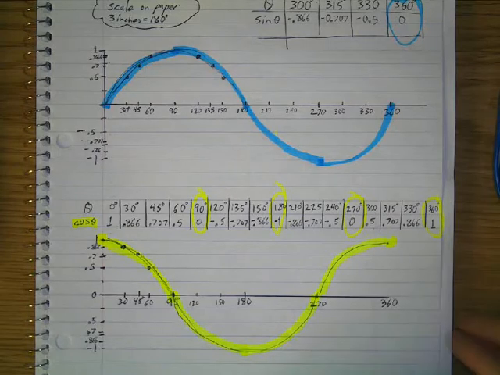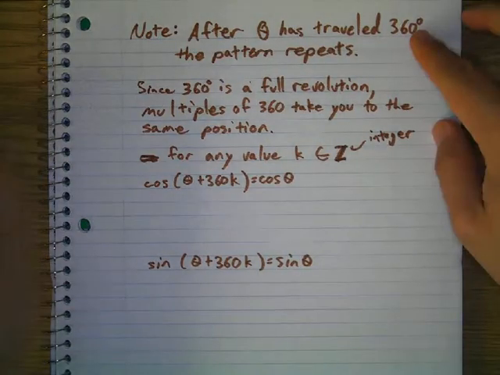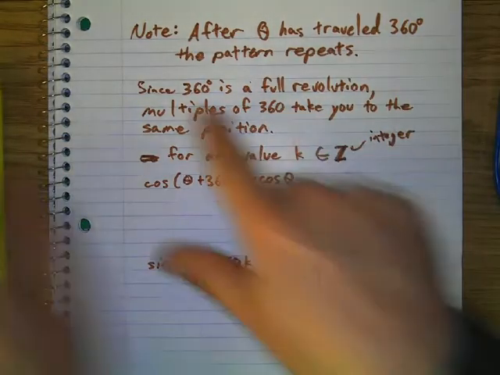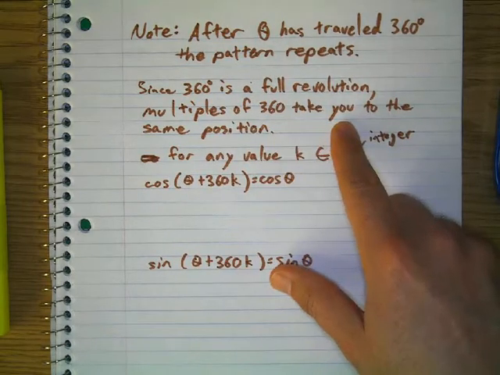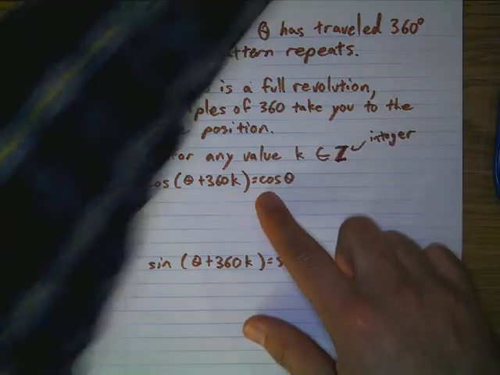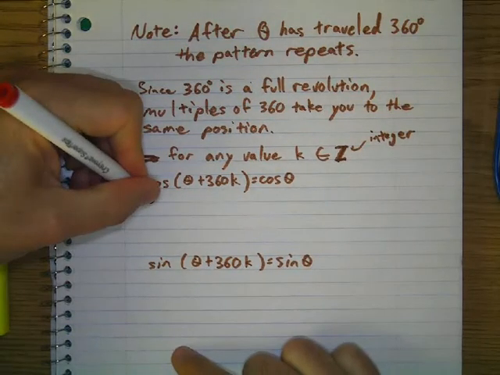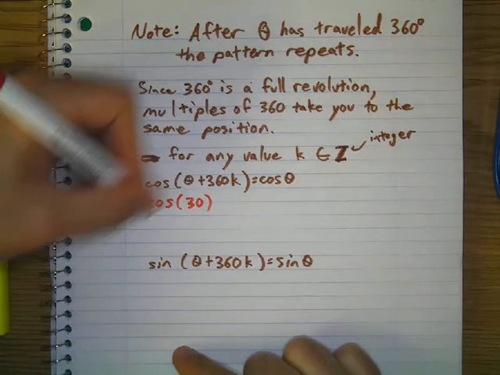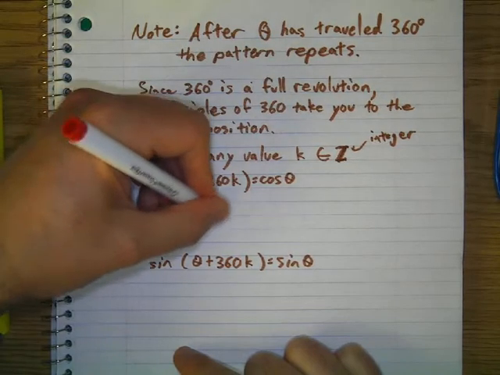Oh, one more thing. After you start seeing this, you're going to notice a pattern. At every 360 degrees, the pattern's going to repeat, isn't it? So since 360 is a full revolution, multiples of 360 are going to give the same thing. So, for example, if I have cosine of, let's just say 30 degrees, that should be the same thing as cosine of 30 plus 360.